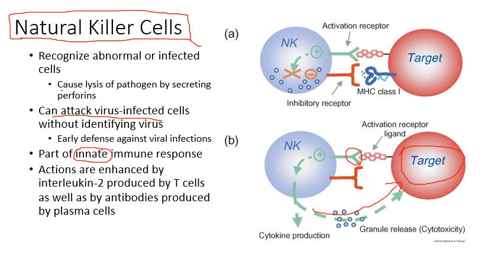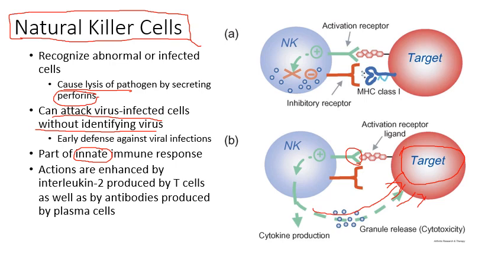So the natural killer cells recognize, hey, this is an infected cell, a foreign cell. They can identify viruses or cells infected by viruses, and they basically release what are called perforins. They're going to perforate the membrane of the target cell and cause lysing of them.